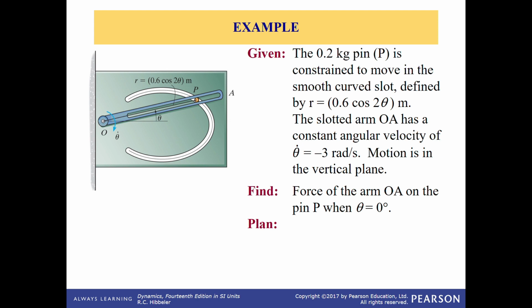The slotted arm OA, where the inside is empty because it permits the particle to move in the slot, has a constant angular velocity of theta dot equal to -3 radian per second. Motion is in the vertical plane. You need to find the force of the arm OA on the pin P when theta equals 0 degrees.